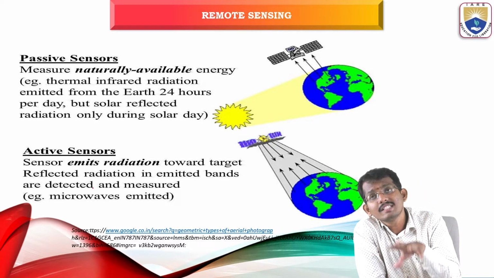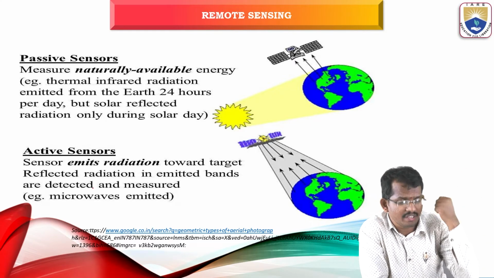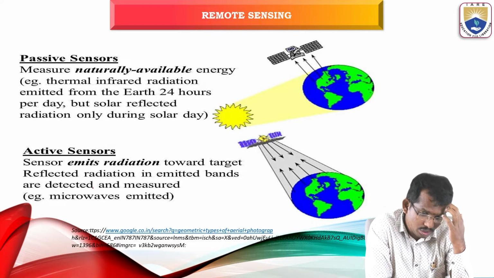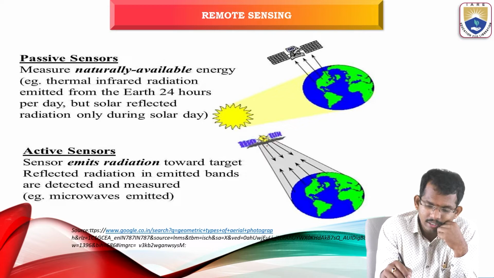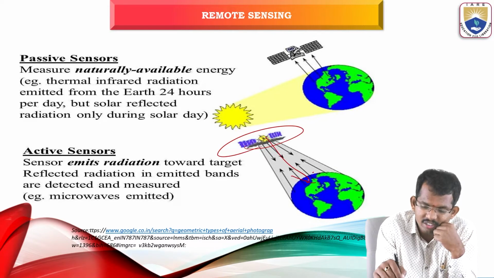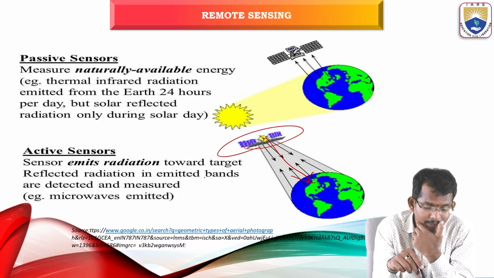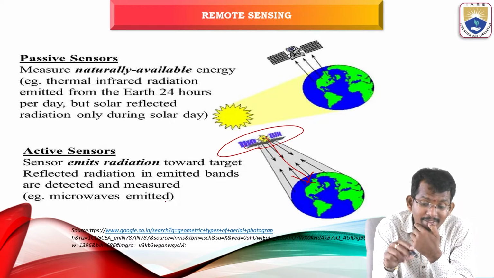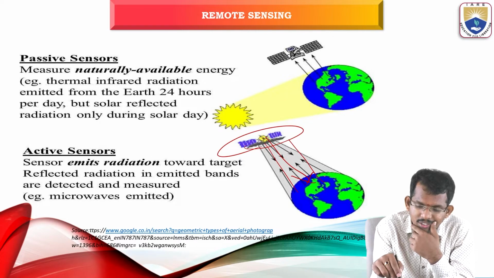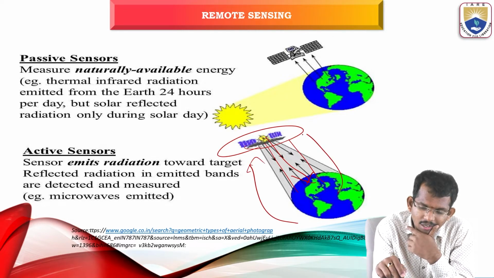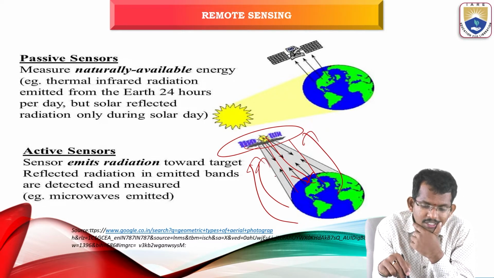So the sensor is here, it emits radiation towards the target. Earth is the target. Whatever is emitted on the Earth's surface gets reflected back to the sensor. These reflected bands are detected and measured in active remote sensing.